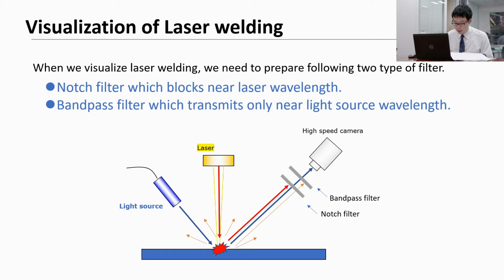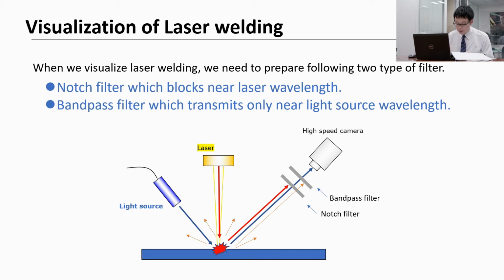I will introduce a way to select appropriate filter for laser welding from now. When we visualize laser welding, we need to prepare two types of filter. First one, notch filter. Notch filter is blocking near laser wavelengths. Second one, the bandpass filter. Bandpass filter is transmitting only same ranges wavelengths with light source.